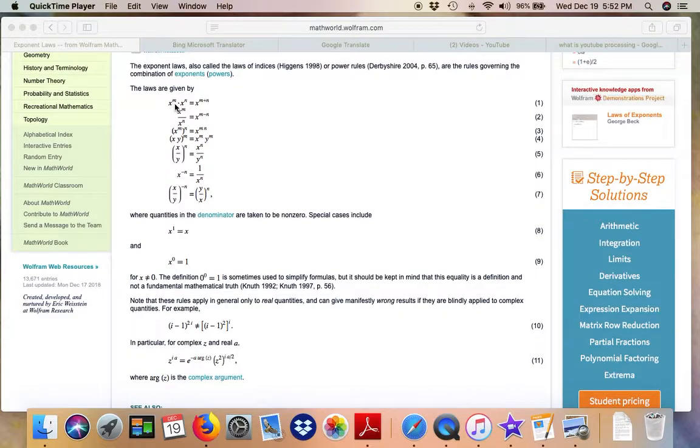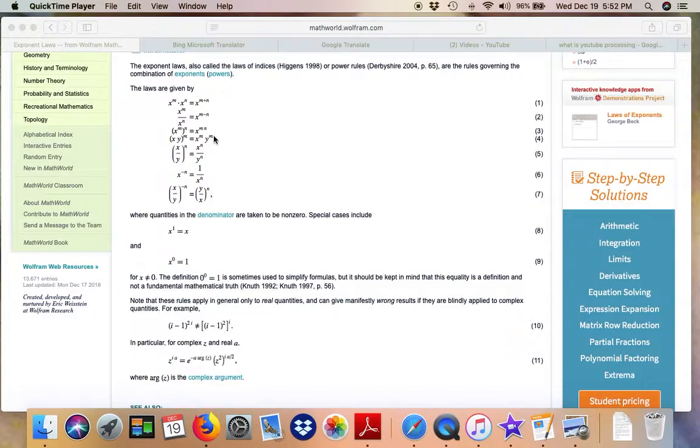So x^m times x^n equals x^(m+n), and that's the language they usually use. So if this was a 2 and this was a 2, you'd have x to the fourth. If this was 3 and this was 3, you'd have a 3 for the m and a 3 for the n. This would add up to 6.